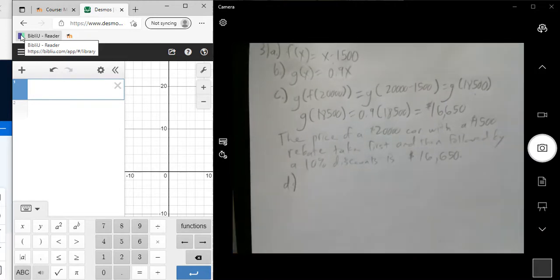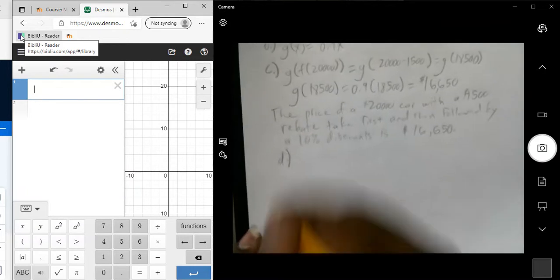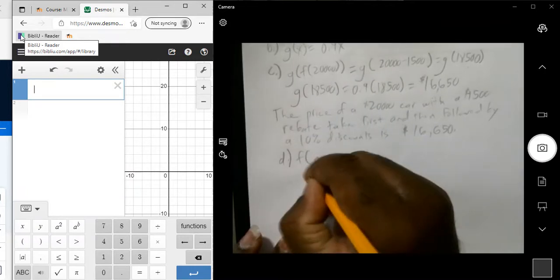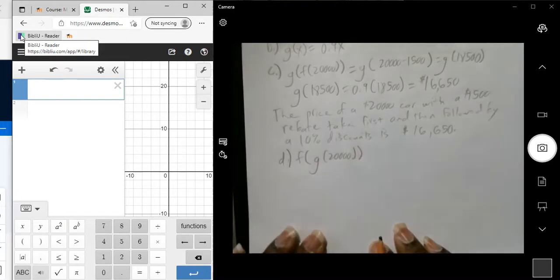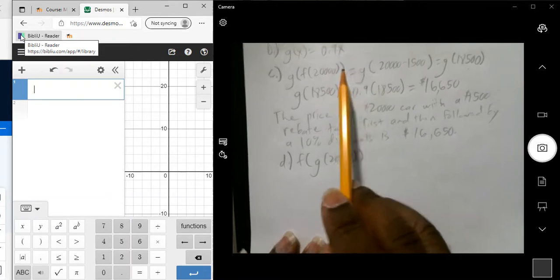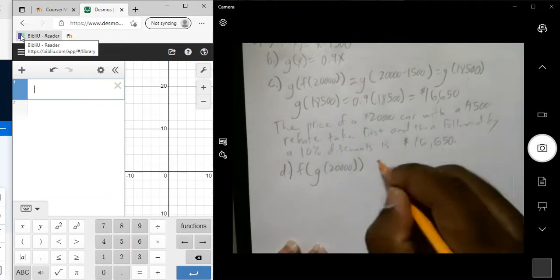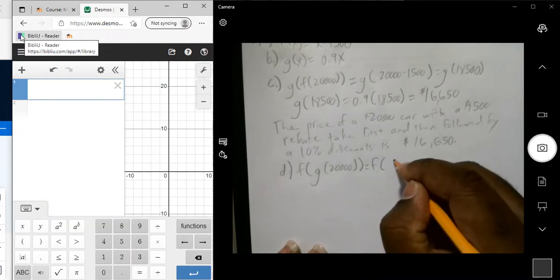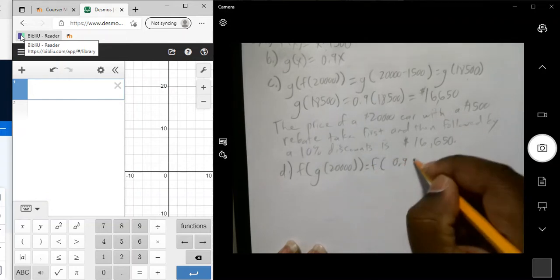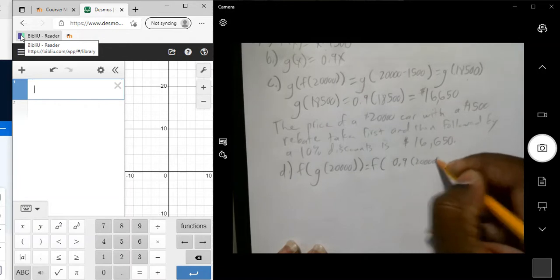Now we go here to D. Suppose the price of a car is $20,000. Determine f of g of 20,000 and interpret your answer. So we're going to do the reverse here. So we'll go g of 20,000. We know g is equal to 0.90x. So it'd be f of 0.9 times 20,000.